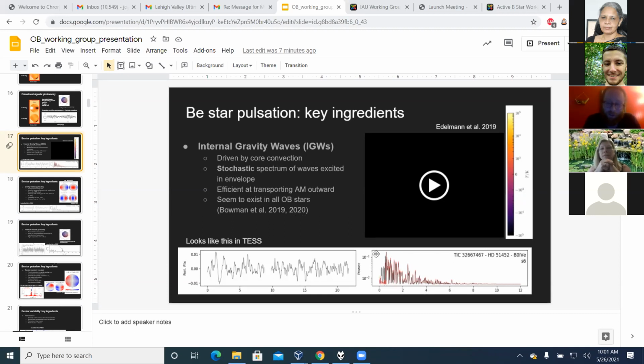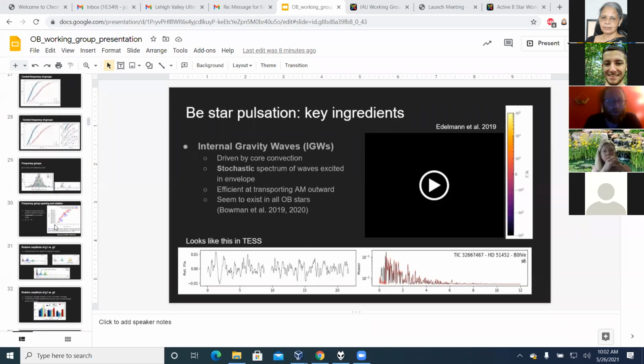But if this stochastic variation is driven by core convection, then these papers by Bowman et al. and collaborators do show that older stars or more evolved stars have much higher amplitude stochastic variation compared to stars in the first half of their main sequence lifetime. So stochastic variation, yes, does depend on age. It gets higher amplitude as the star gets older.